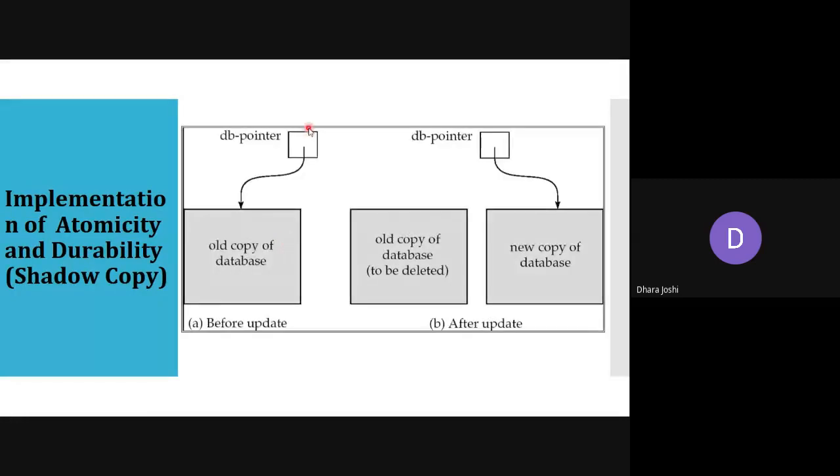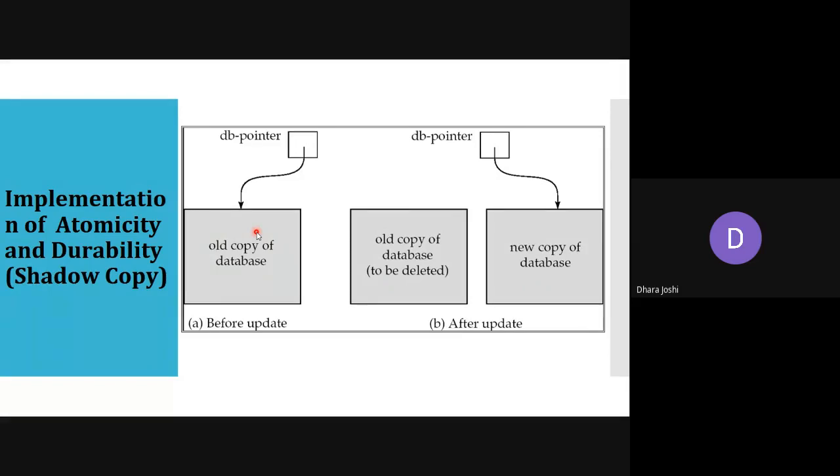What does it mean? The database pointer first points to a copy of the database, like now my database is this, so it points to the current database state.